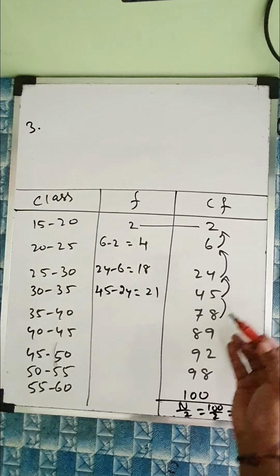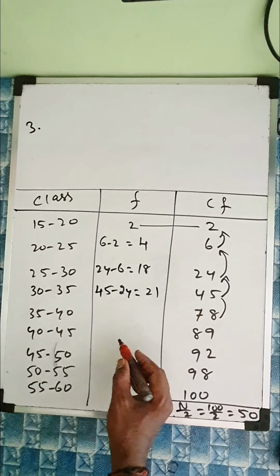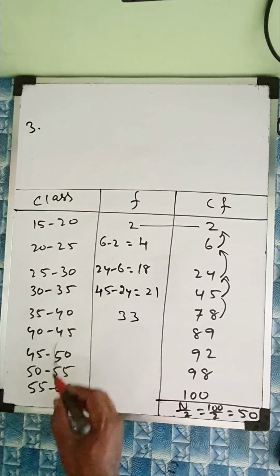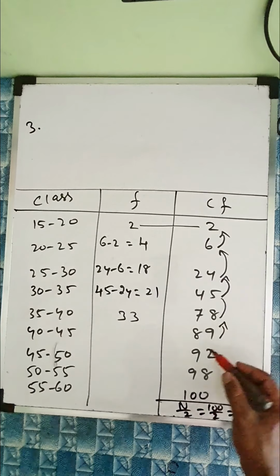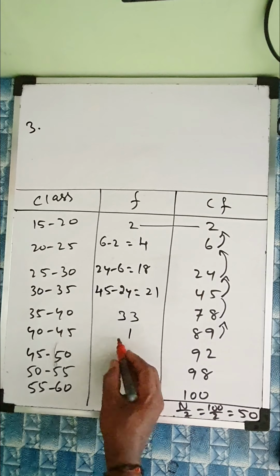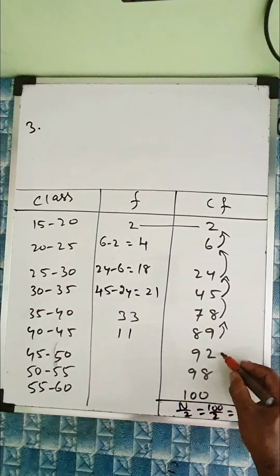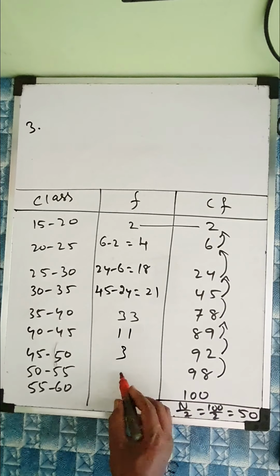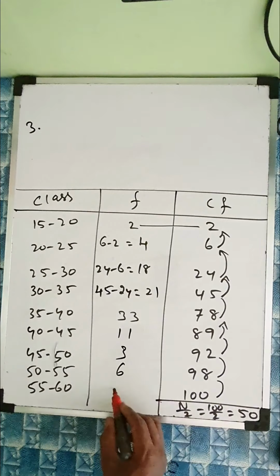Again 78 minus 45: 8 minus 5 is 3, 7 minus 4 is 3, so 33. Again 89 minus 78 is 11. Again 92 minus 89 is 3, then subtract 6, and subtract 2.